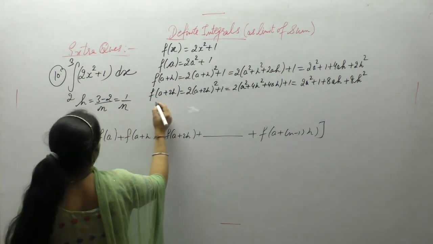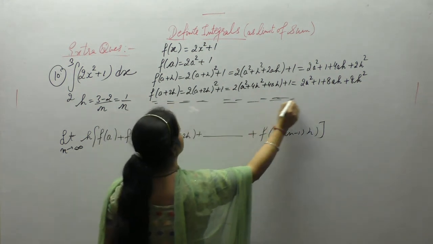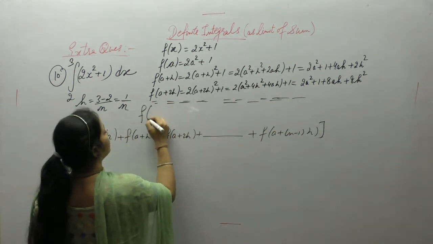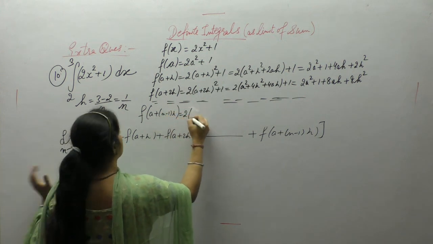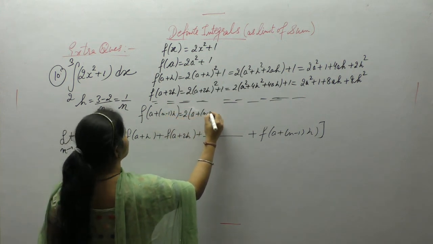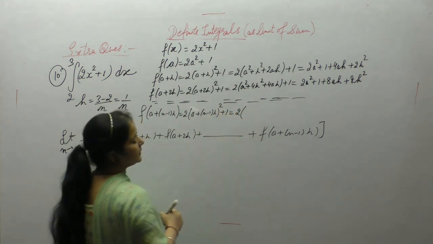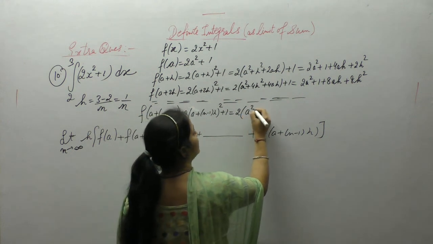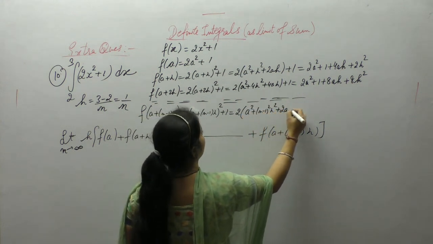And so on up to f of a plus n minus 1 into h. f of a plus n minus 1 into h is 2 times a plus n minus 1 into h whole square plus 1. a square plus b square plus 2ab.